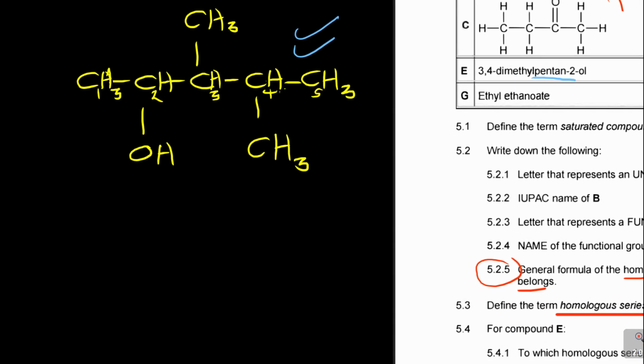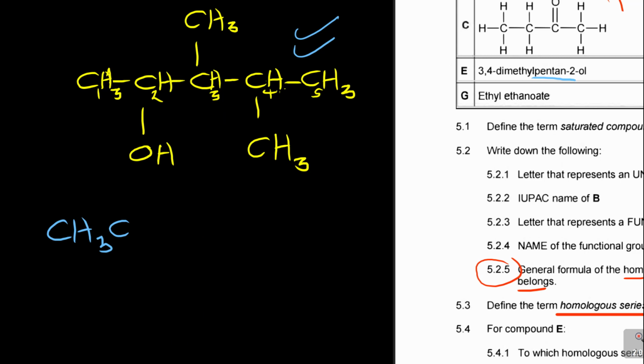If you wanted, you could have written CH3, then CH, removing the bonds in between. You just write without these bonds, but you can still show the branches. It's still fine.